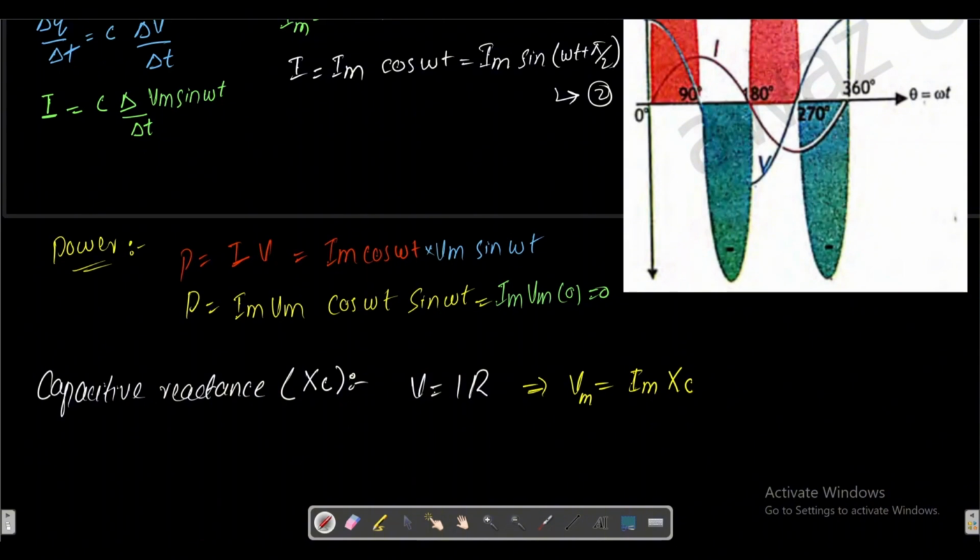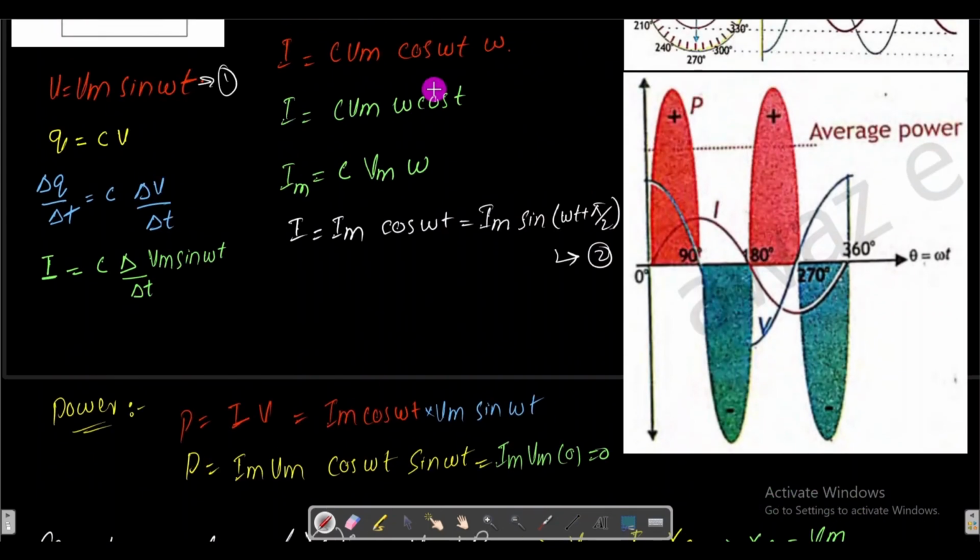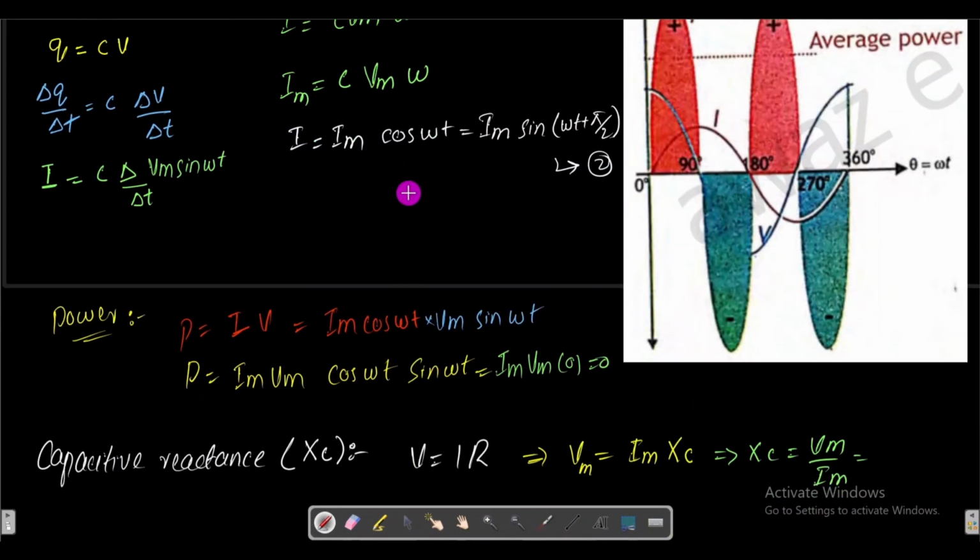From here Xc is given by Vm by Im, and instead of this Im we will put this value, which is equal to CVm omega.